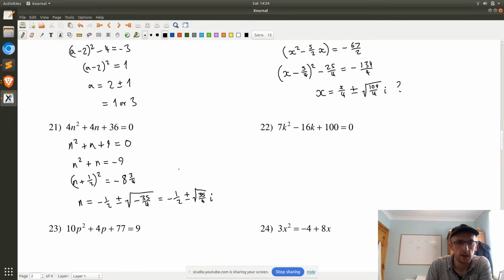Yeah, you can simplify that. Root 35 over 2, if you so wish. But I do not so wish right now.